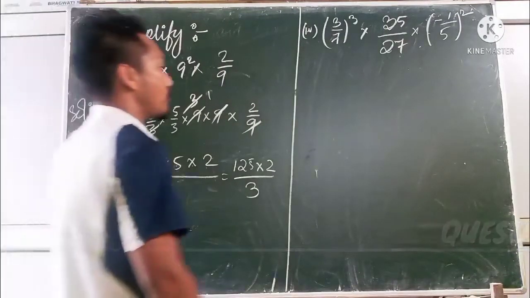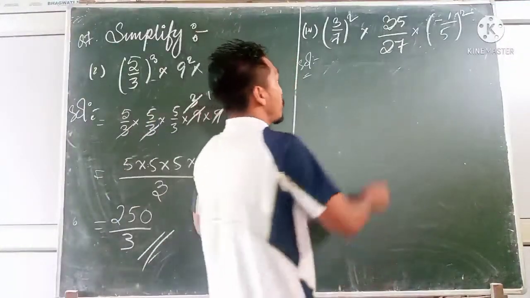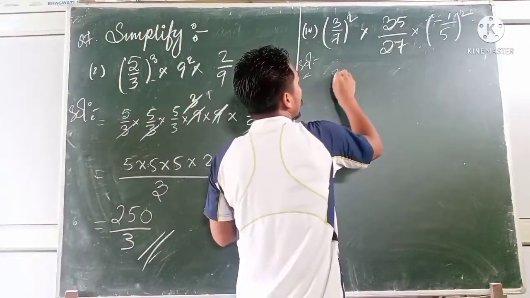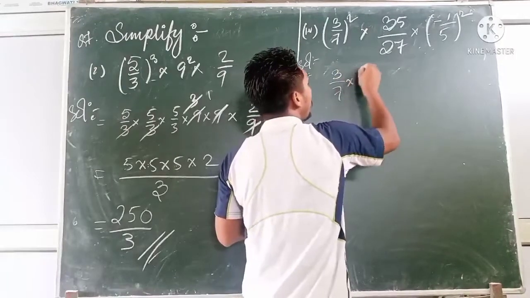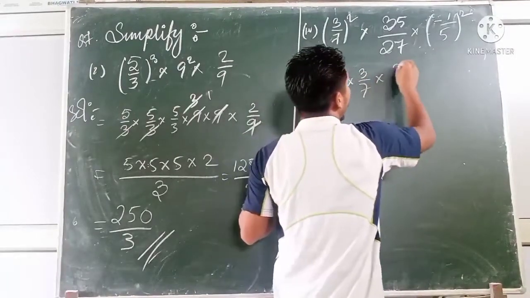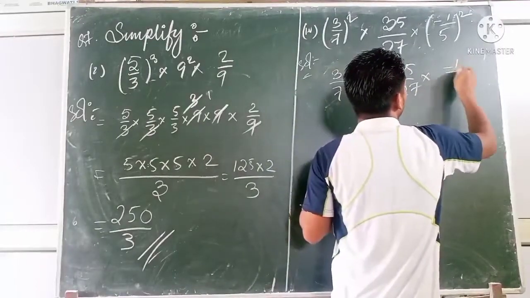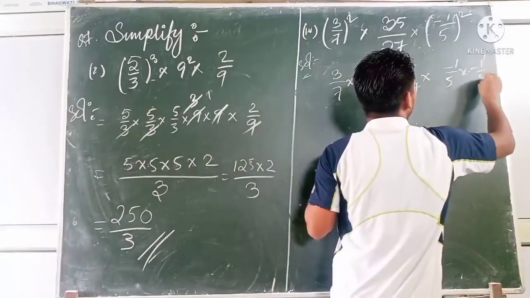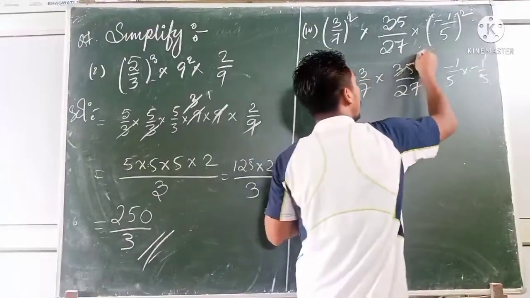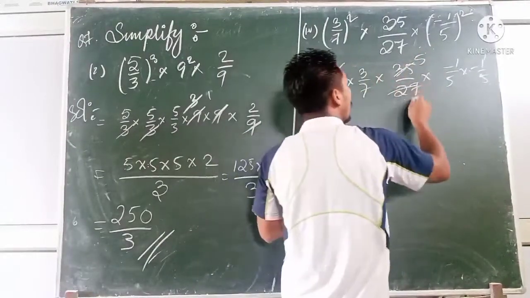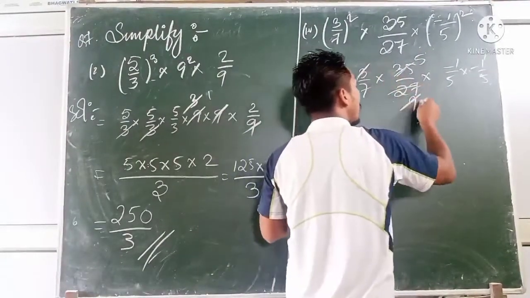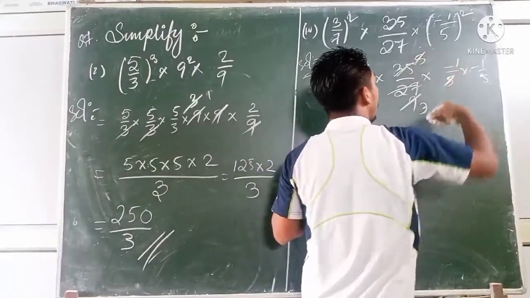Similarly, this is our question, that is 3 by 7 square root, 3 by 7, we have to multiply 2 times, and 35 by 27 into minus 1 by 5 into minus 1 by 5. So 7 5s are 35, 3 9s are 27, 3 3s are 9, 5 1s are 5.